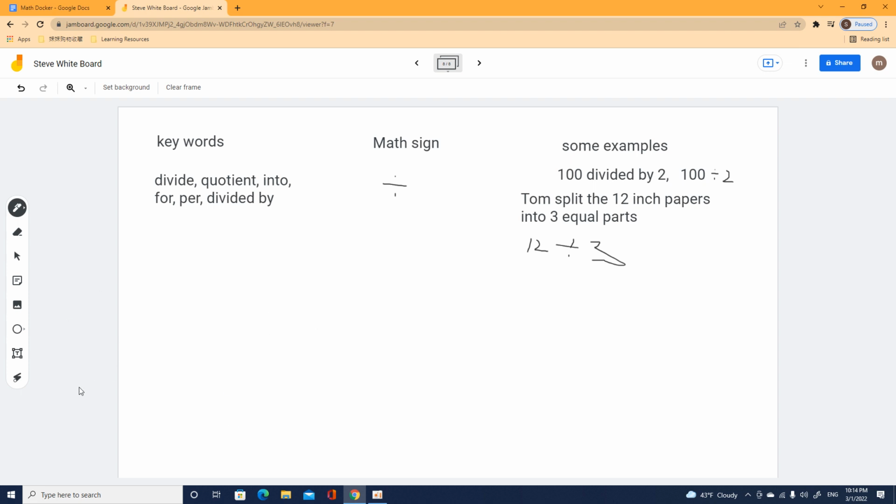Also about equality. If you see keywords such as equals, is, equivalent to, is the result of, usually you should think about the equal sign. Also, some examples.